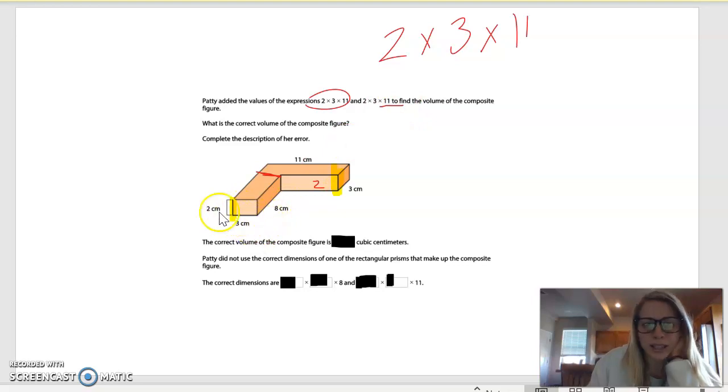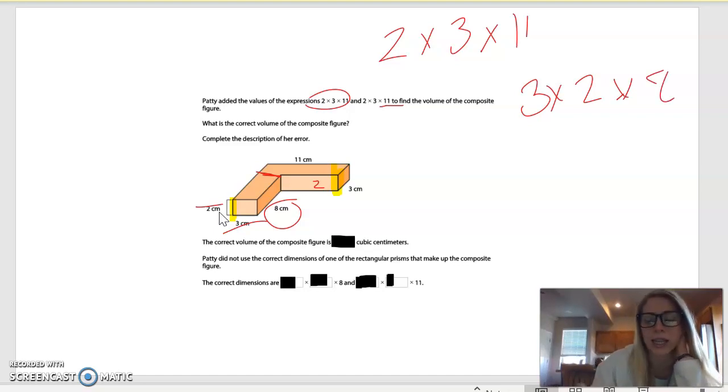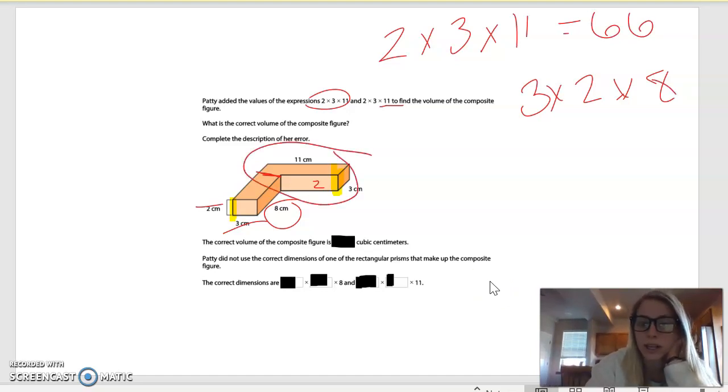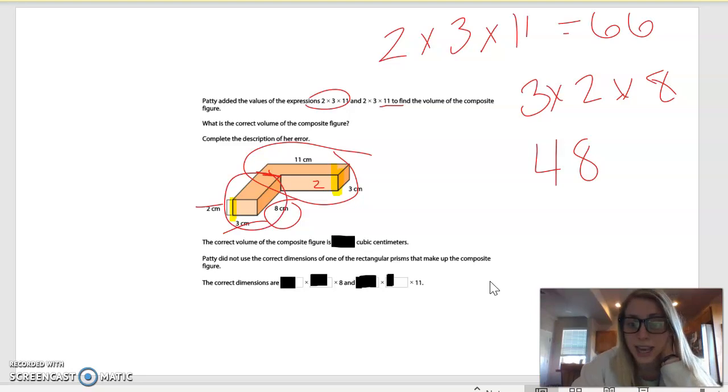So again, it's length, which is 3. And we have our height, so that's easy. We have those two. And then they gave us this 8 here, which was really convenient. We didn't have to do any subtracting. So that gives us 66 for that first volume over here. And this volume gives us 48 for this rectangle there.